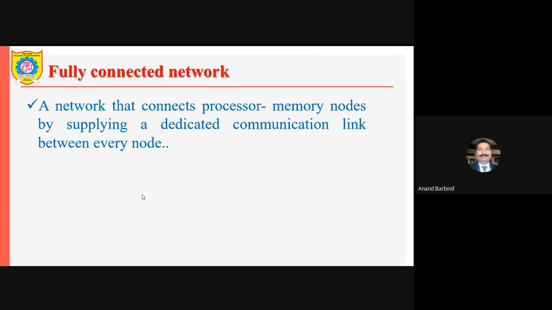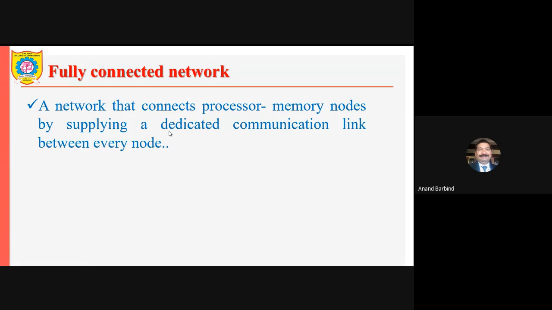When we talk about the network, it may be an incomplete network or a fully connected network. In case of a fully connected network, the processor and memory nodes are connected, dedicated to each other. That means every processor is connected to the memory.